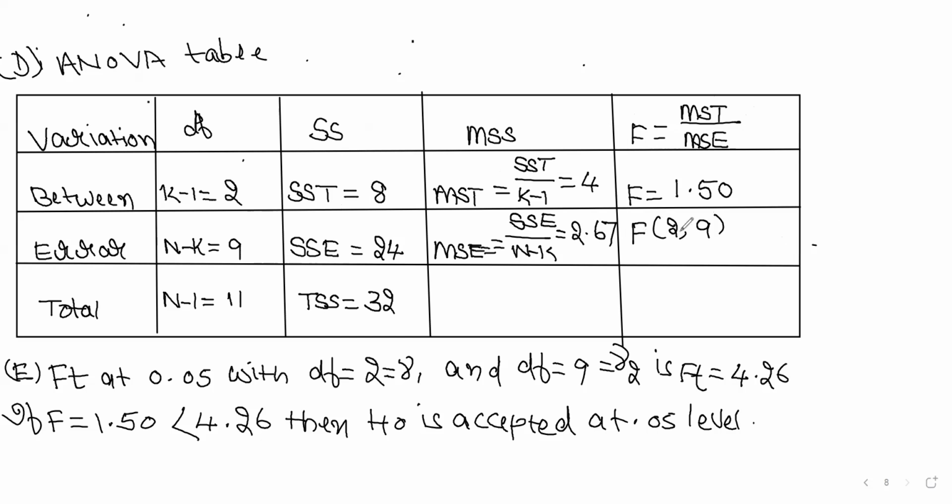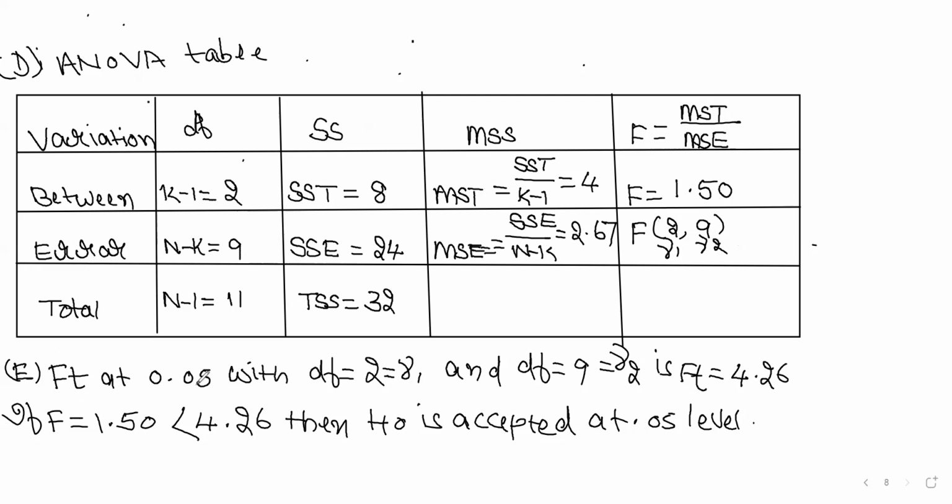And you can write the degrees of freedom for this. I have taken MST in the numerator, with degrees of freedom 2, and MSE in the denominator, with degrees of freedom 9. In the table these become nu1 and nu2, and these values are necessary while looking at the table.